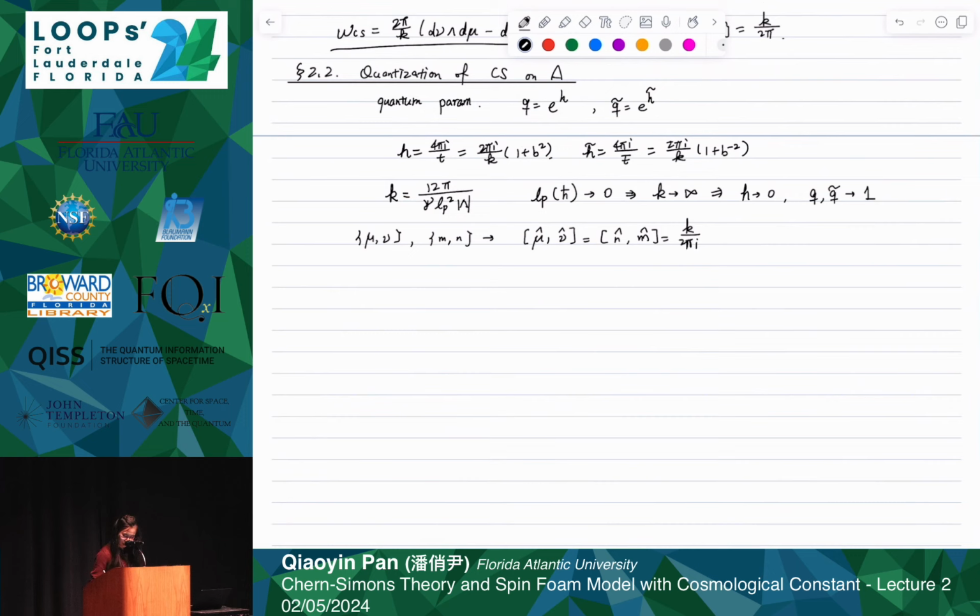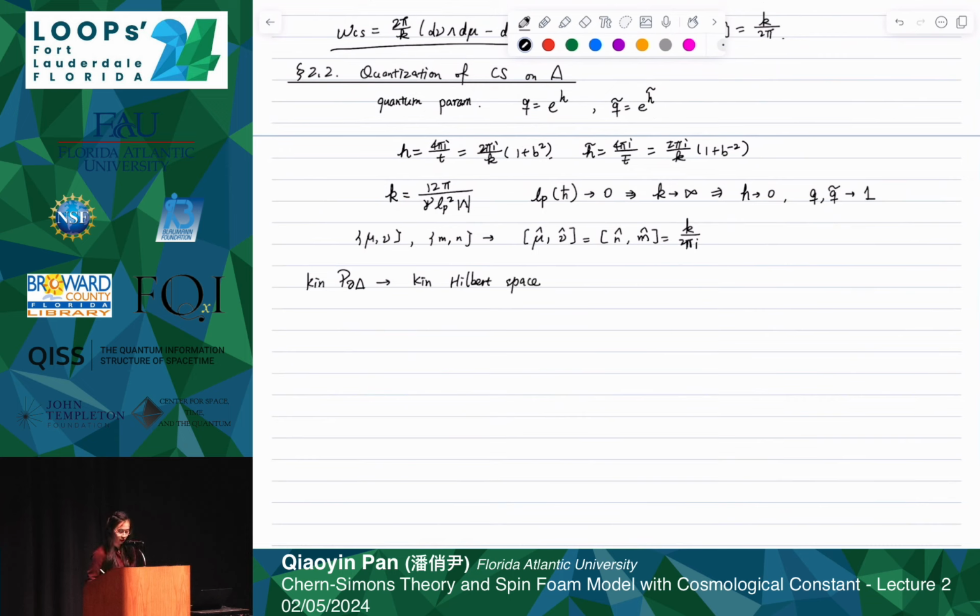This is the commutator of the quantum operators after quantization. And also, at the classical level, we have the kinematical phase space, which is the P partial ideal tetrahedron. And this is quantized to the kinematical Hilbert space.